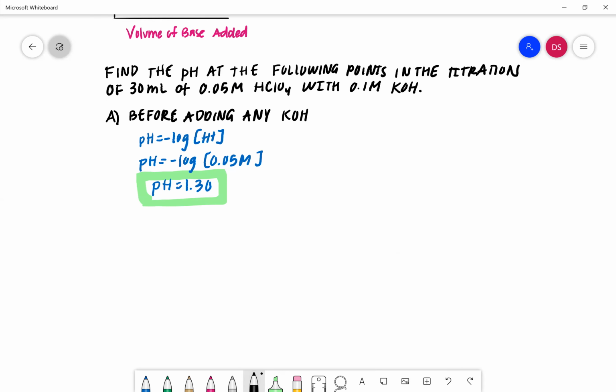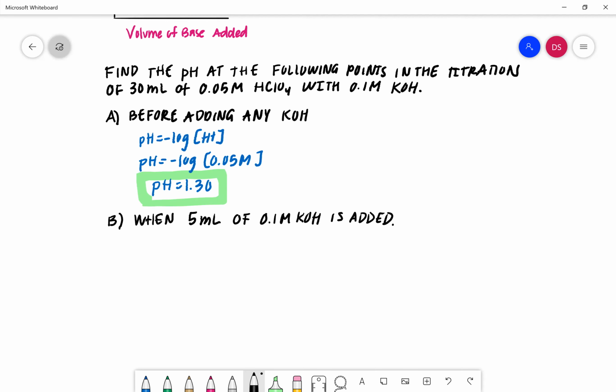All right, so moving forward. How would we calculate something if we add some base? For example, when 5 milliliters of the base is added. So what would be the steps when we're doing this?